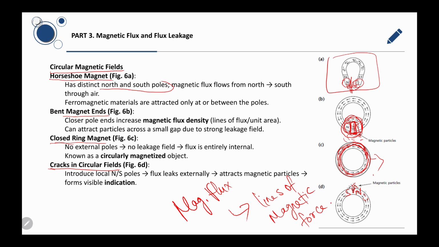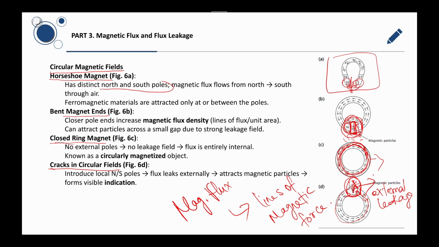When the flux exits the material, it forms an external leakage field. This leakage field then attracts magnetic particles, causing them to gather and form a visible indication over the crack. This is the fundamental principle for detecting discontinuities in the circularly magnetized object.